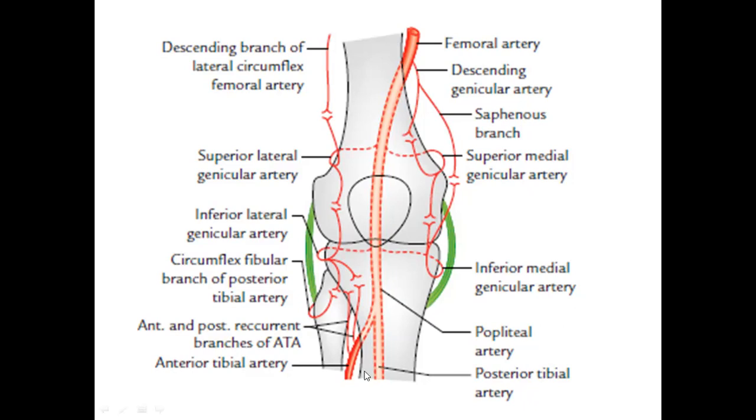So this anterior and posterior recurrent branch of the anterior tibial artery and the circumflex fibular branch of the posterior tibial artery, which you can see here. Okay, this branch.